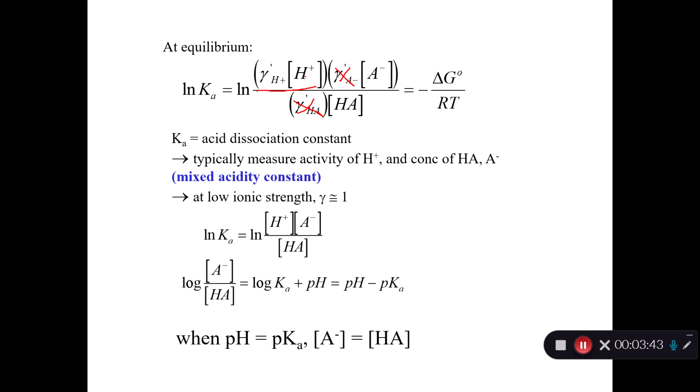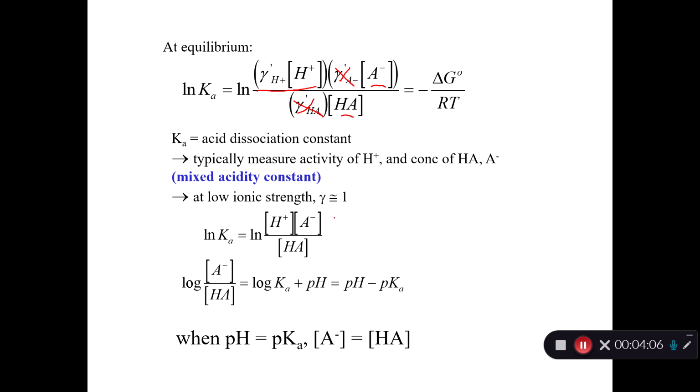And a pH electrode measures activity. It does not measure concentration. Whereas on the flip side, you measure the actual concentration of A minus and HA because you're measuring those as chemical contaminants, maybe by HPLC or something, and there you're measuring the actual concentration, not the activity.